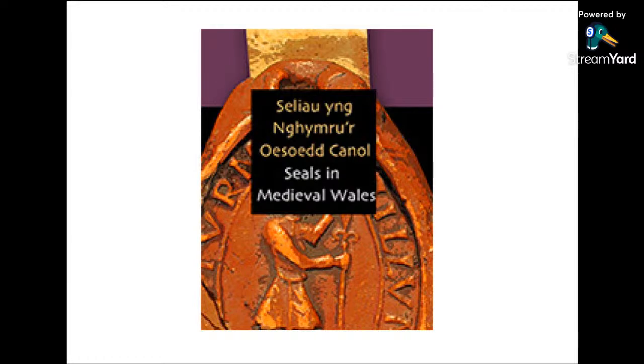It originates actually in an AHRC-funded project called Seals in Medieval Wales. And the PI in this project was Professor Philip Schofield at Aberystwyth University, and the lead researcher was Dr. Elizabeth New. And I was very privileged to be hired, this would be back in 2009, to work on this project. And the aim was to gather a corpus of seals from Wales in the later Middle Ages to enable us to speak about the ways in which seals reflected the people of that region.